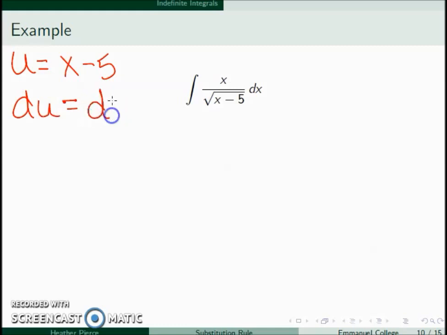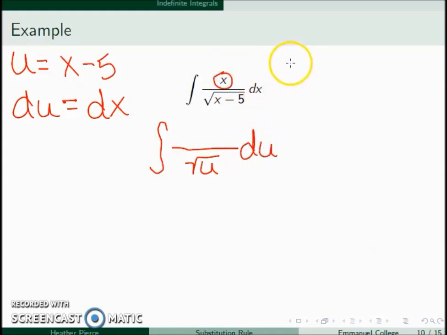So far, I can turn the denominator into the square root of u. The dx just becomes du, but I haven't dealt with this x on the top yet. So if u is equal to x minus 5, I can say that u plus 5 is equal to x. So I'm going to turn the top into a u plus 5.